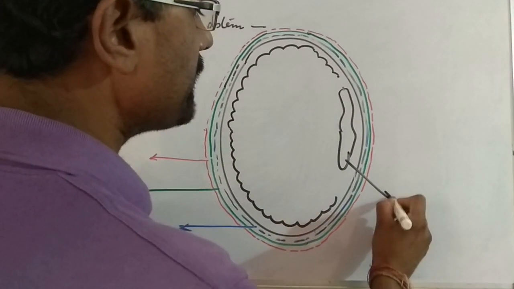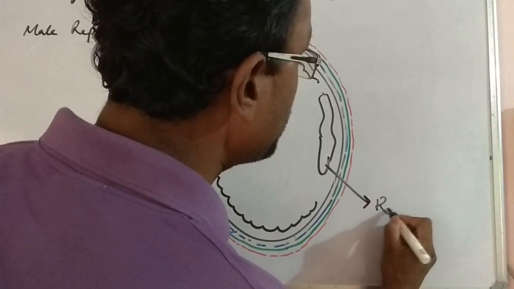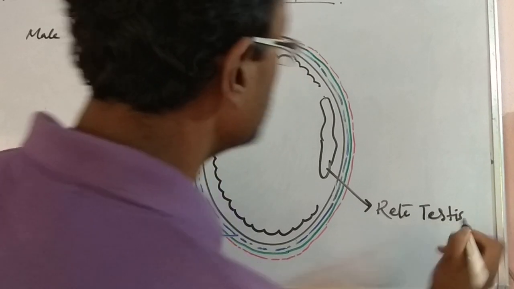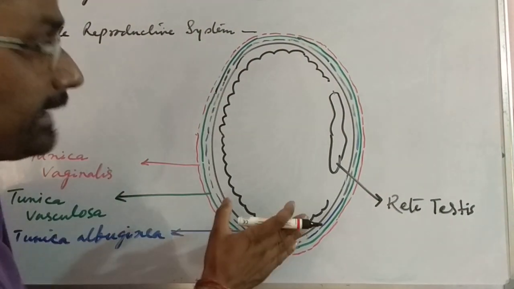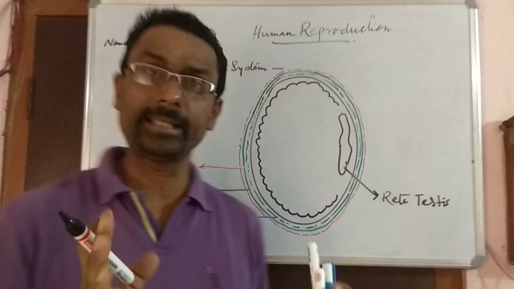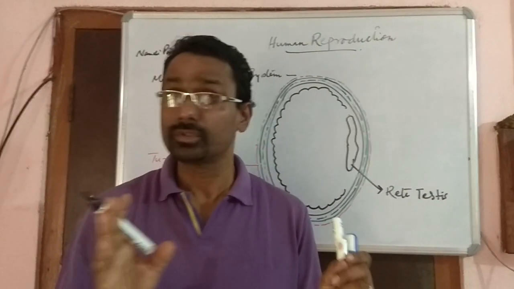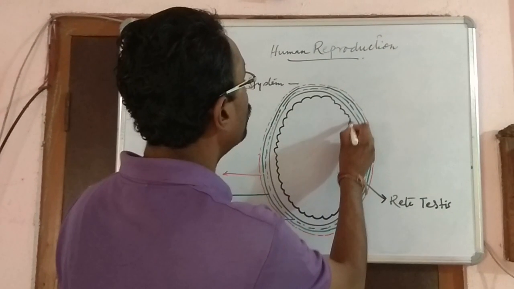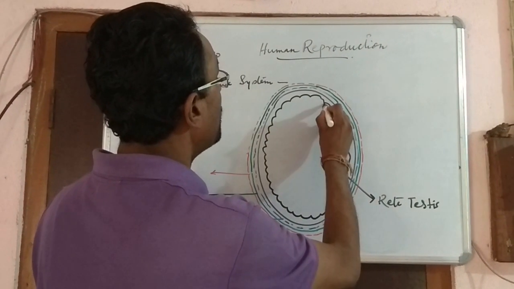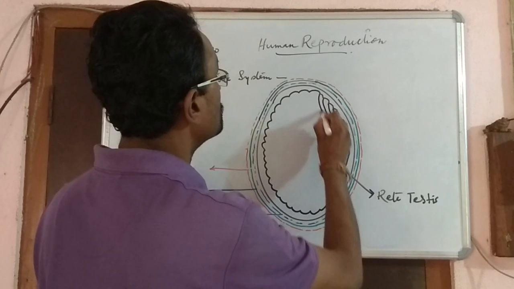This irregular body is known by the name rete testis. Now, there are around 250 testicular lobules. They converge and enter the rete testis like this.